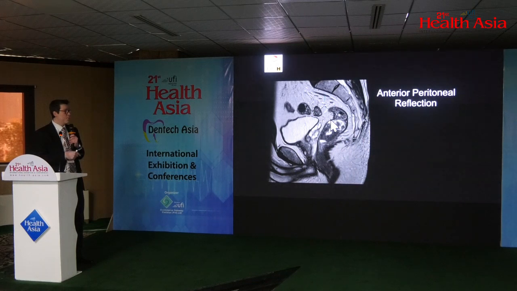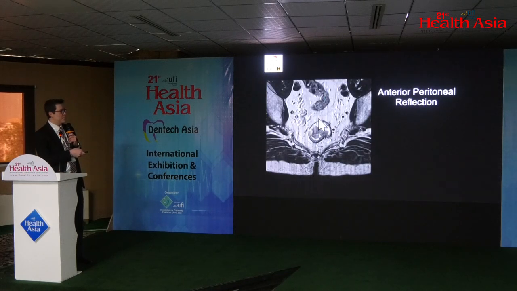It is very important to identify, because this little bit can suddenly upstage the disease. If there is involvement of the anterior peritoneal reflection, then the disease is upstaged. So it is very important to identify this on sagittal and also on axial images. If you've got a good quality scanner, you can see this T-shaped structure, which is part of the anterior peritoneal reflection. If the tumor does not involve this peritoneal reflection, it is a lower stage tumor.